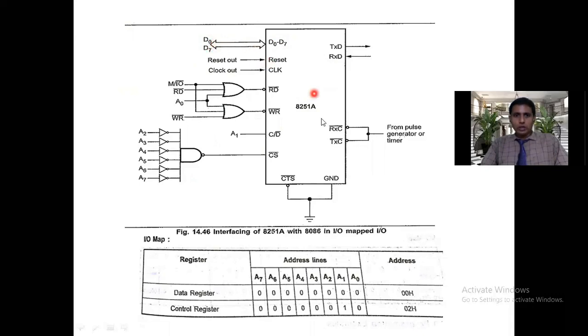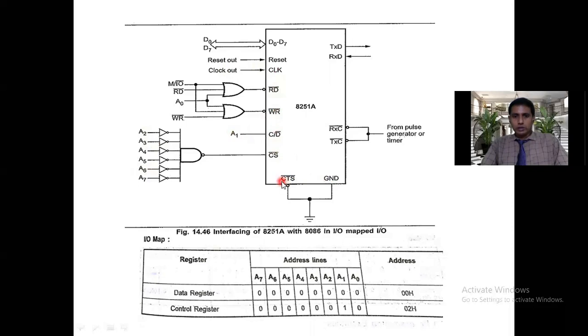D0 to D7. And 8251 also has reset and clock. These two are connected to the reset and clock of the 8086, and the reset and clock of 8086 is also connected to an external clock generator. Then read bar, write bar, and here we are using the A1 address line of 8086 for the C/D bar signal. CS bar is activated with the help of a set of address lines.